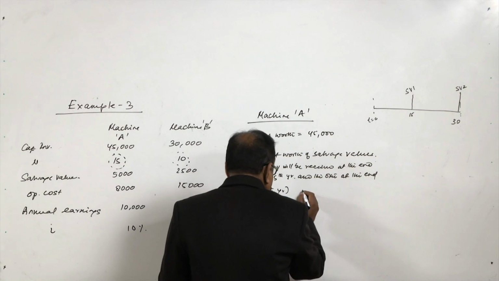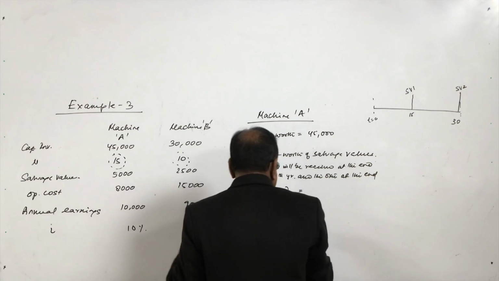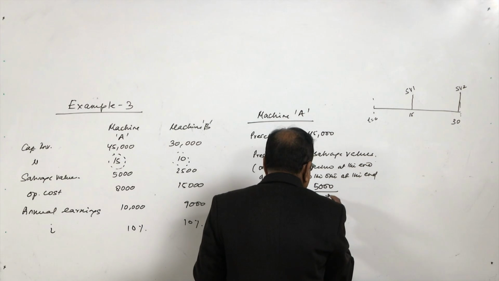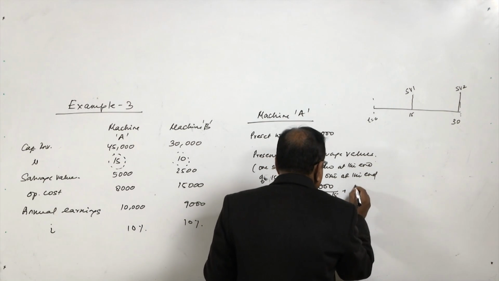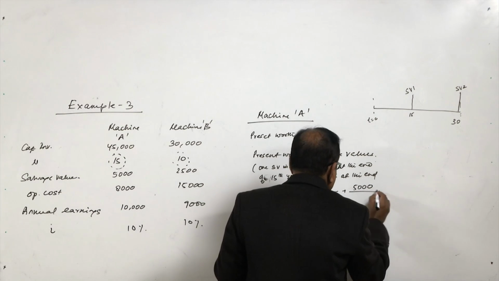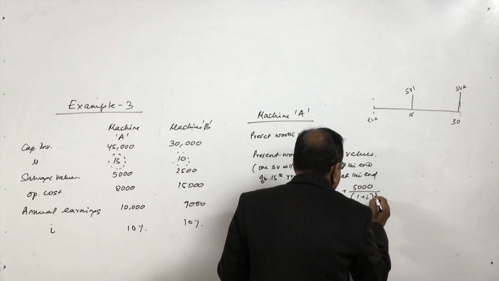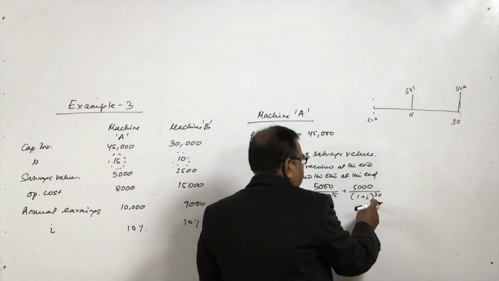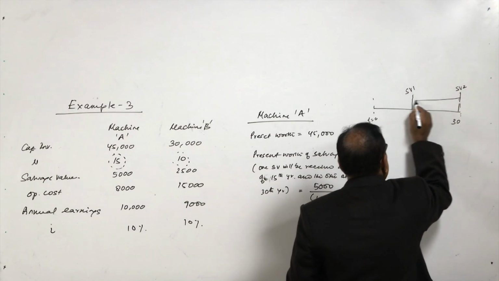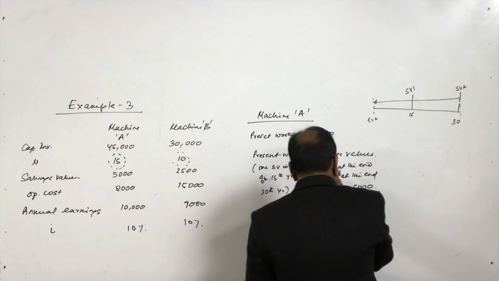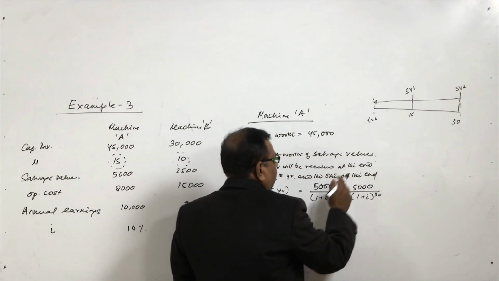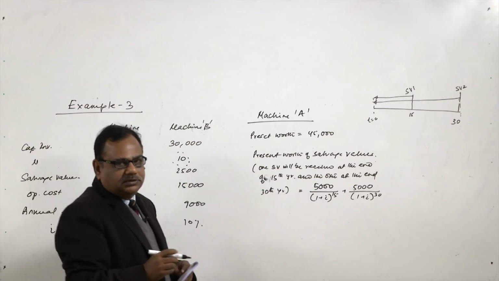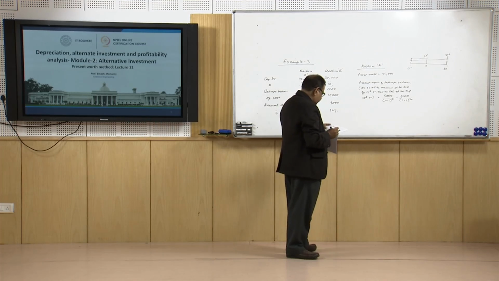So, this will be equal to: salvage value is 5,000. So, 5,000 divided by (1 plus i) to the power 15 plus 5,000 divided by (1 plus i) to the power 30. So, this is to convert this salvage value to t equal to 0, and this one is to convert this salvage value to the present t equal to 0 line.